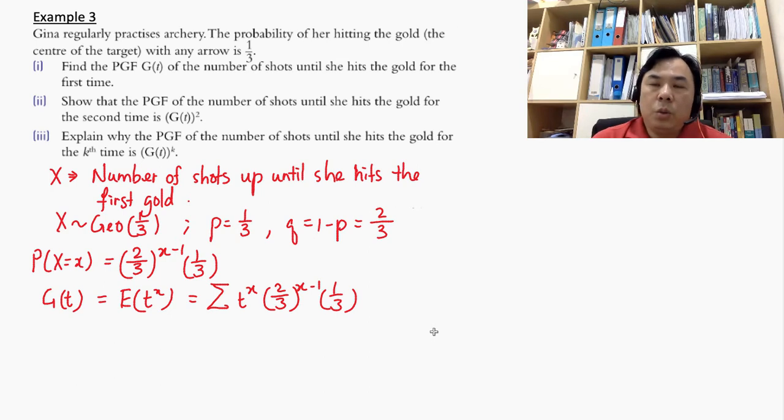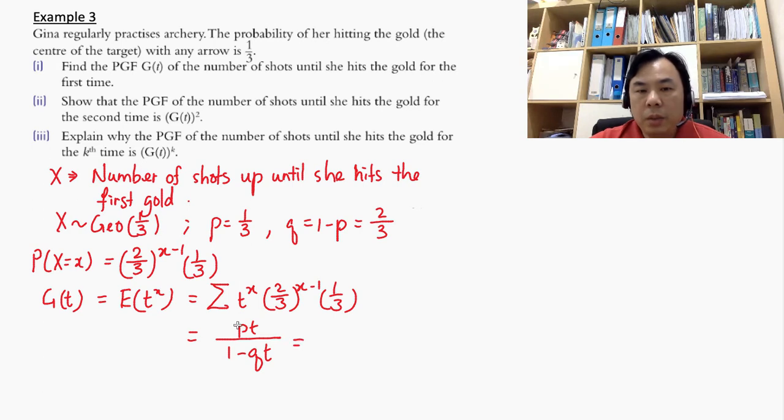But you do notice that the probability generating function for any geometric distribution can be written as pt over 1 minus qt, where the probability p is given by 1/3, and the probability q is 2/3.